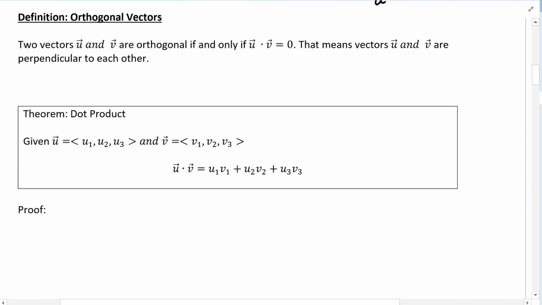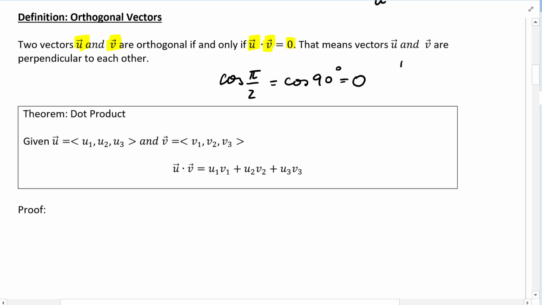Definition: orthogonal vectors. If we have two vectors u and v, they are orthogonal if and only if their dot product is 0. If we think about it, cosine of pi over 2, or cosine of 90 degrees, is 0.